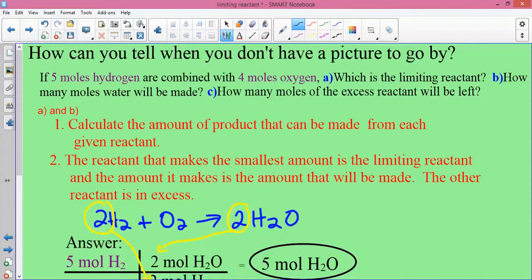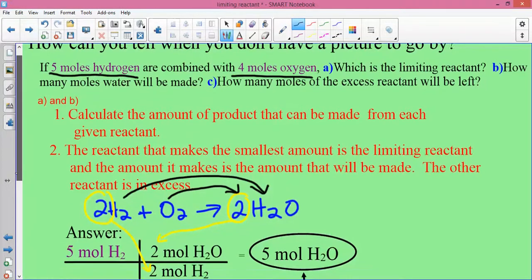The one that makes the least amount is the limiting reactant, and it determines how much product is made. So for example, we will take the 5 moles of hydrogen and calculate how much water can be made. We'll do the same thing with 4 moles of oxygen. Whichever one of these two gives us the lowest amount is the correct answer for limiting reactant.